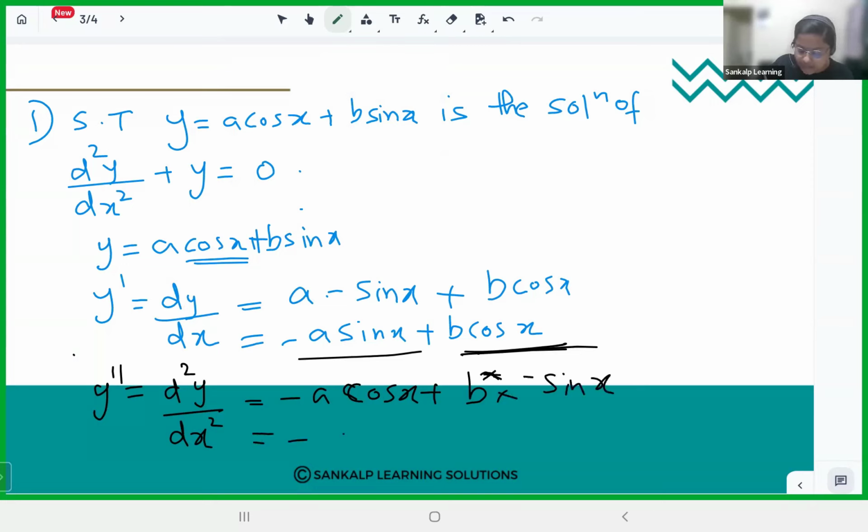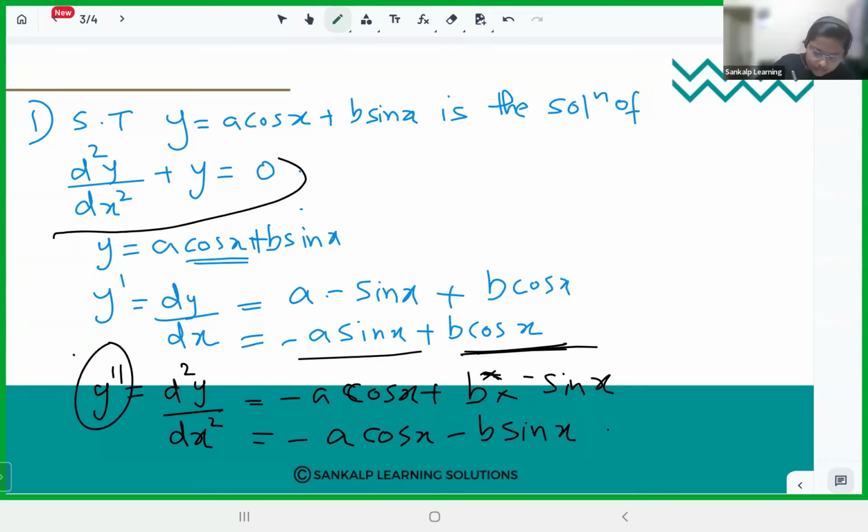So this is equal to minus a cos x minus b sin x. So we have got y double dash. Why did we find y double dash? Because in the differential equation it is d square y by dx square, right? So that's why we found d square y by dx square.